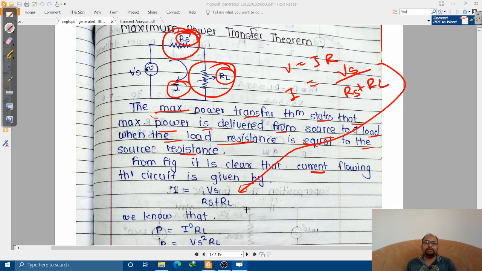We know that power is equal to I square RL.